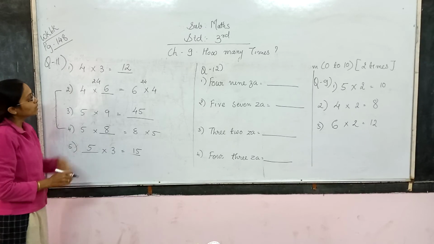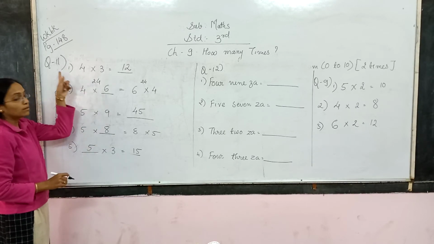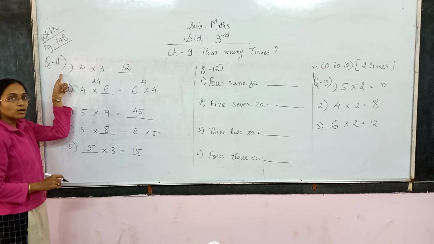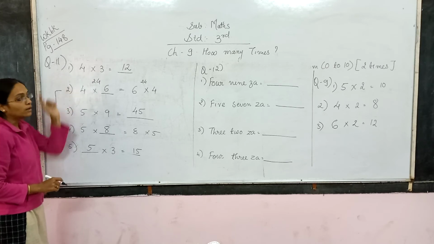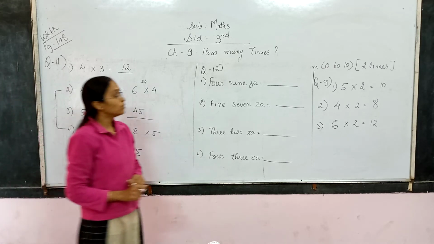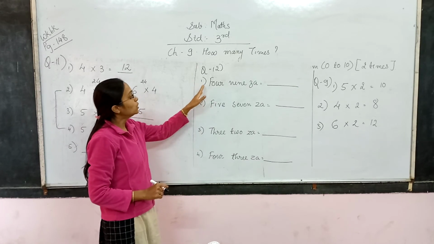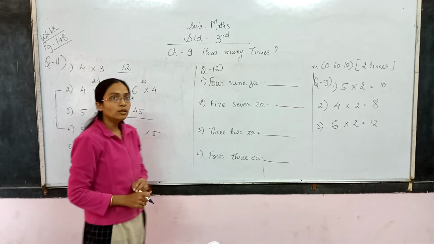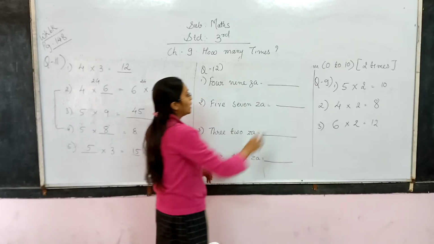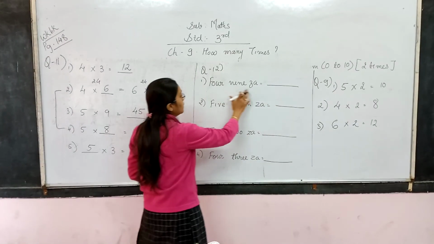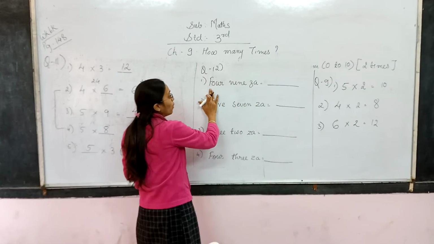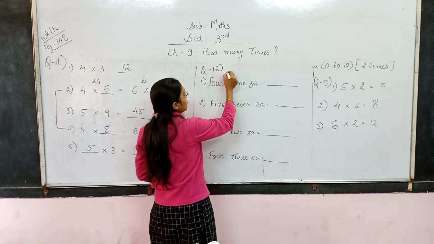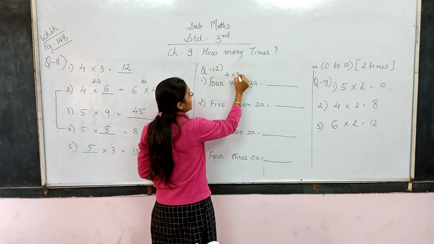This way you have to complete the blanks in question number 11 on the basis of the table of 4 and 5. Okay. It's very easy now. I will go to question number 12. Here you have to read and write the product of the given question. 4 9s are, 4 9s are like this.